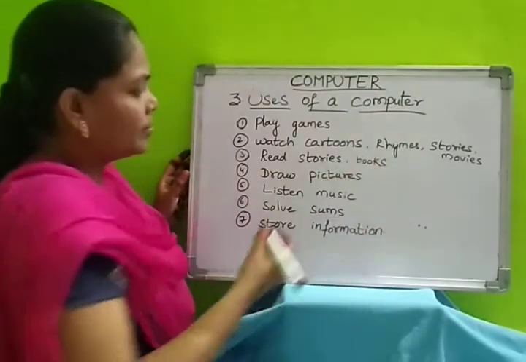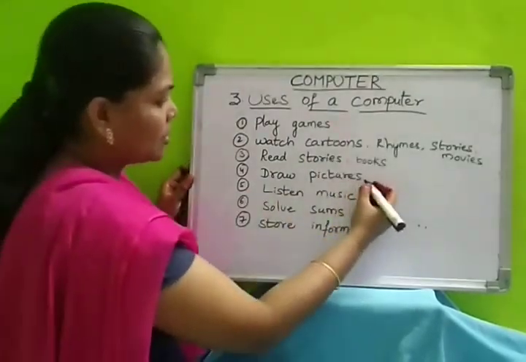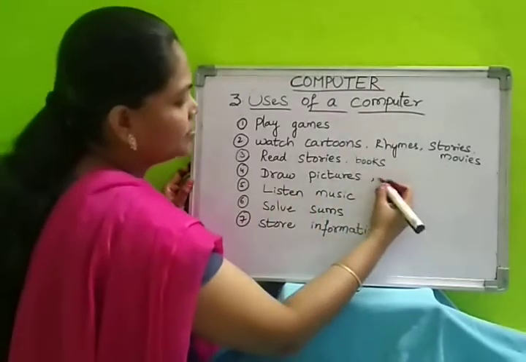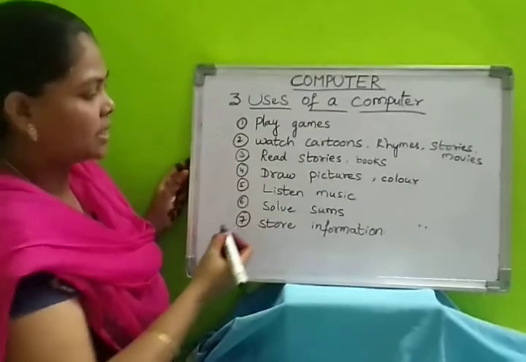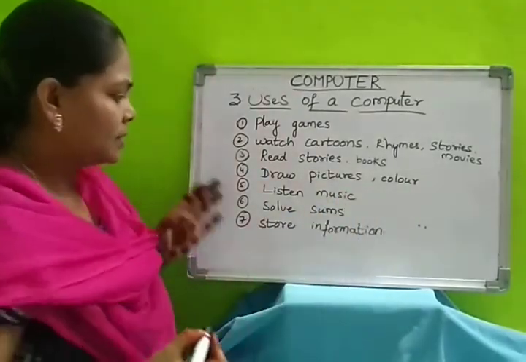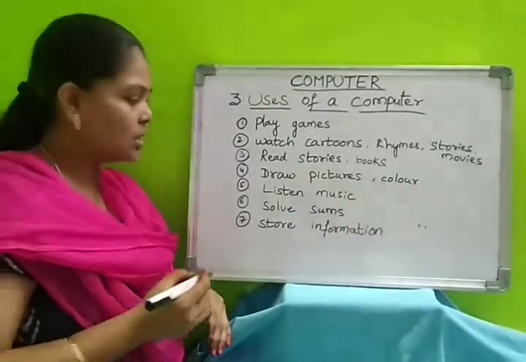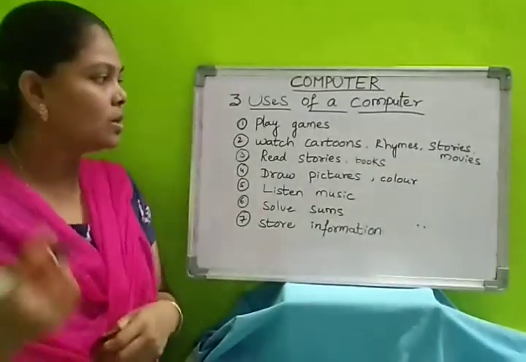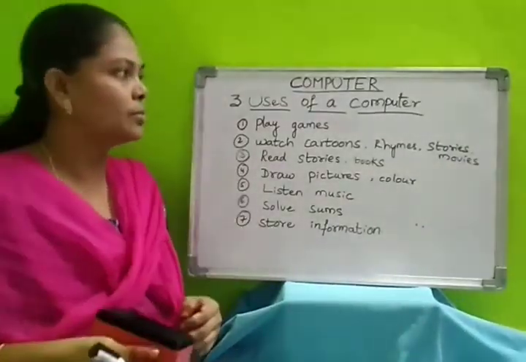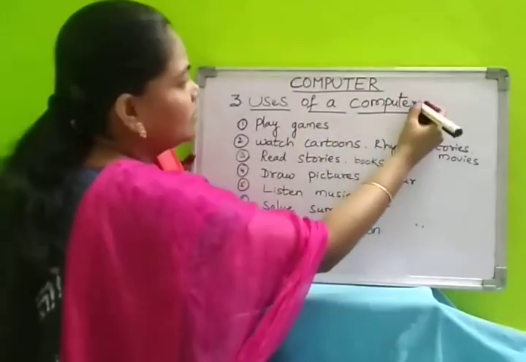Books also you can open and you can read. Next we can draw pictures and color pictures. Next we can listen music. We can solve big sums using computer and we can store lot of information. All these are the uses of computer till now we have learned.